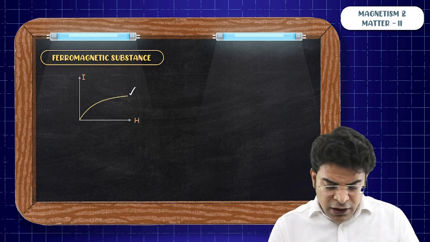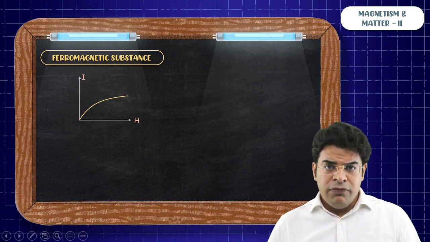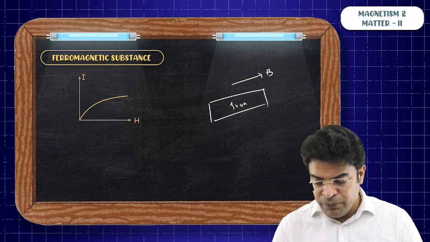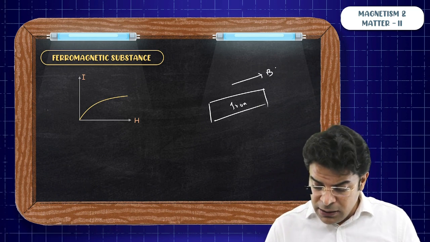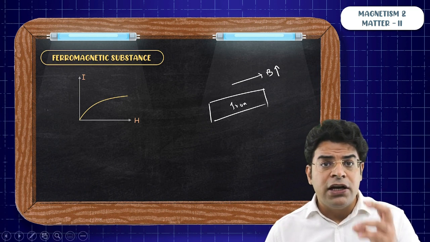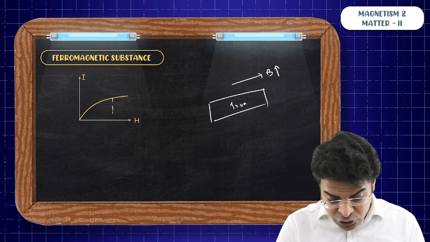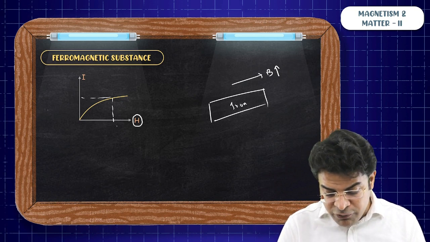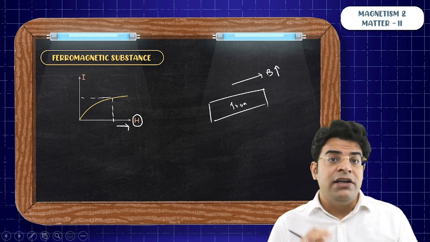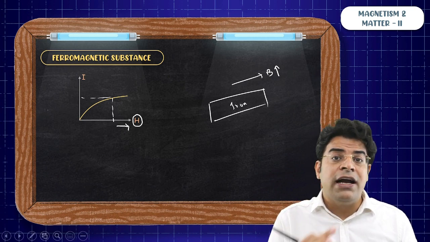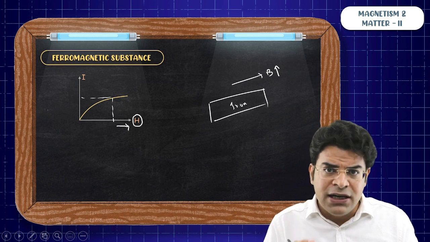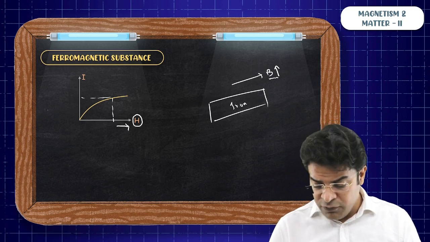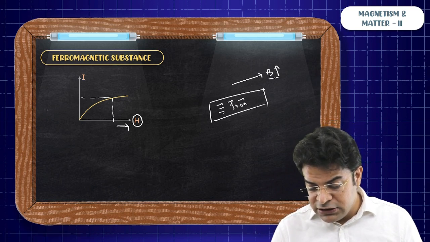And what is the reason for having such a curve? The reason is that when you place a ferromagnetic substance, let's say an iron bar, in an external magnetic field, as you keep on increasing the magnetizing field intensity, the intensity of magnetization keeps on increasing and then it saturates. Why is there a particular value of magnetizing field intensity above which, on increasing it further, the substance does not get magnetized anymore? The reason is that there is a certain value of magnetizing field intensity at which all the domains point in the same direction.